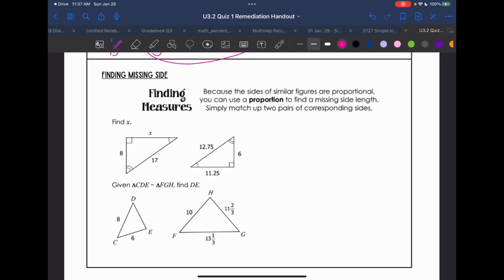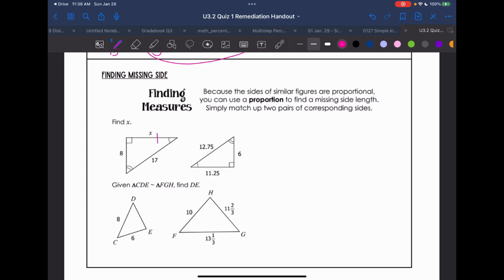Okay, so then when you find missing side measures, you can either use a scale factor or you can set up a proportion. I think setting up a proportion is easier. So again, you have to be able to realize which sides are corresponding because you have to use 2 pairs of corresponding sides to set up our proportion.